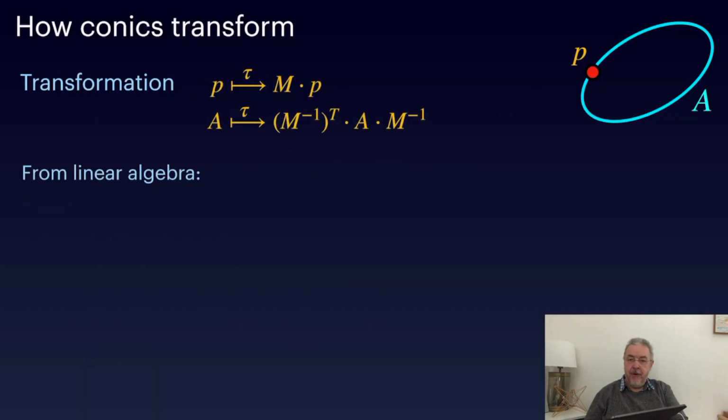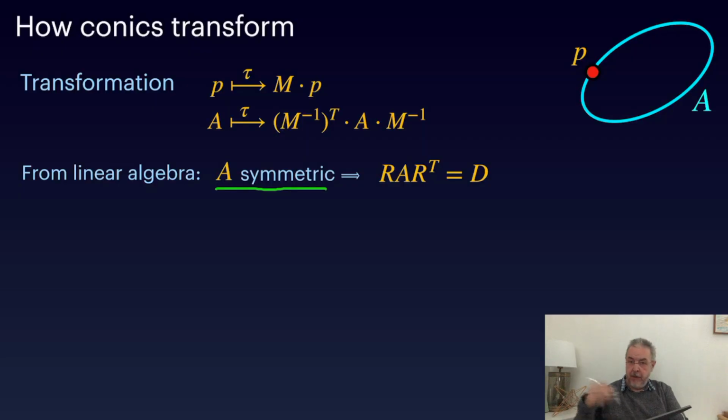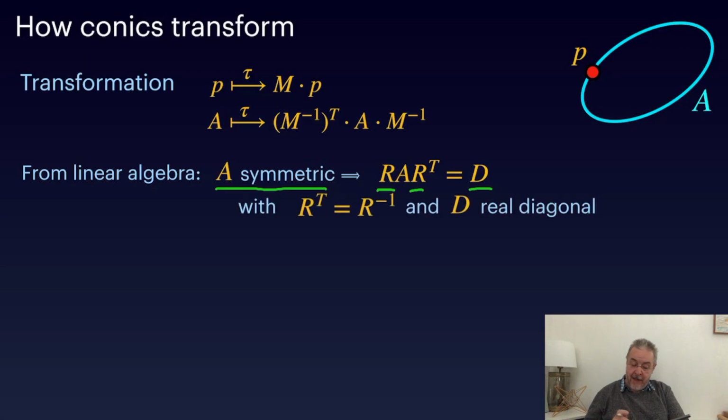In linear algebra, you learn about principal axis decomposition of symmetric matrices. So assume that A is a symmetric matrix. This will be the case in our conics situation. Then you find a matrix R with the property that if you multiply R from both sides to the matrix A, you get a diagonal matrix D. The matrix R is special as well.